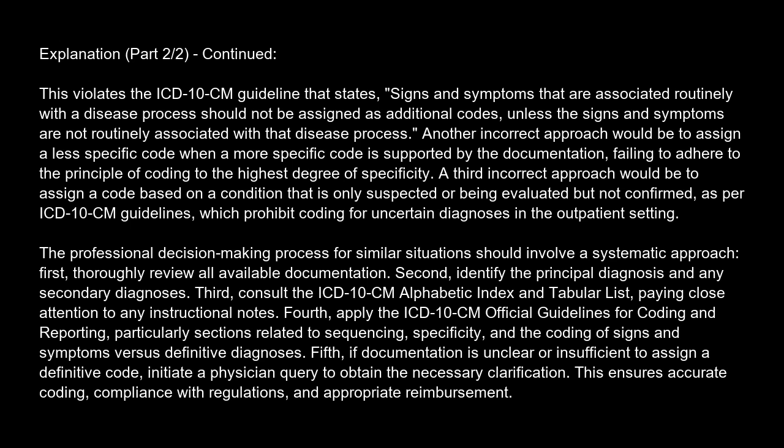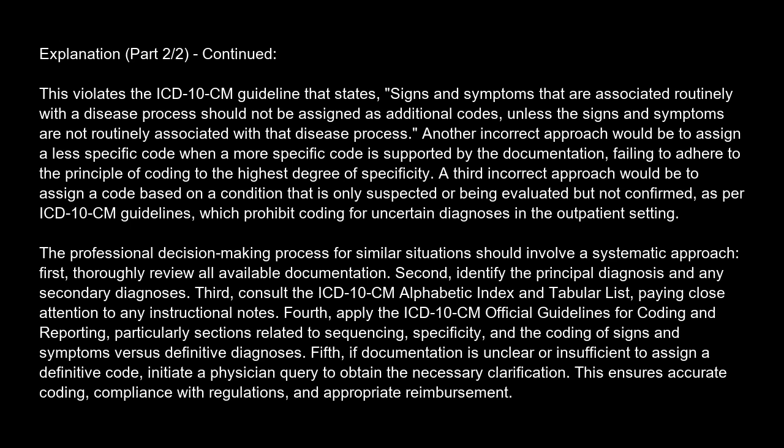Another incorrect approach would be to assign a less specific code when a more specific code is supported by the documentation, failing to adhere to the principle of coding to the highest degree of specificity. A third incorrect approach would be to assign a code based on a condition that is only suspected or being evaluated but not confirmed, as per ICD-10-CM guidelines, which prohibit coding for uncertain diagnoses in the outpatient setting.